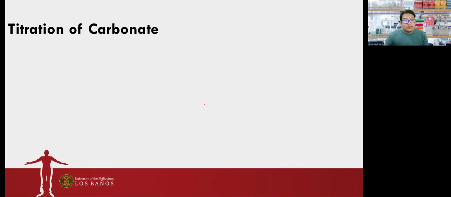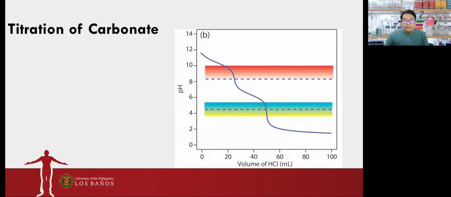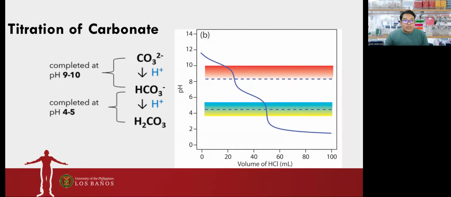So then, as we titrate the carbonate mixture, syempre, we will start with the pH that is high kasi nga basic yung ating component. Then as we add our titrant in the form of HCl, you form your carbonate to bicarb and your bicarb to carbonic acid. Okay? And the transitions of colors are indicated by the added indicator. So dito nakita natin yung sa phenolphthalein, dito naman yung sa bromcresol green.